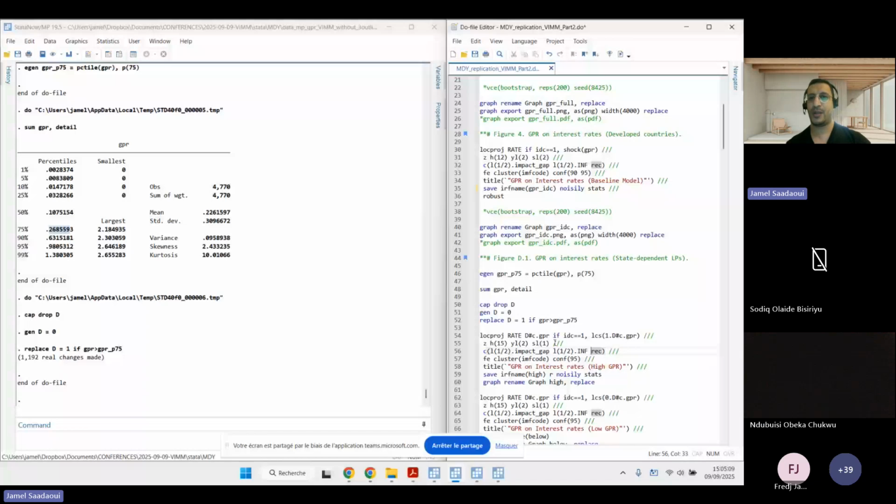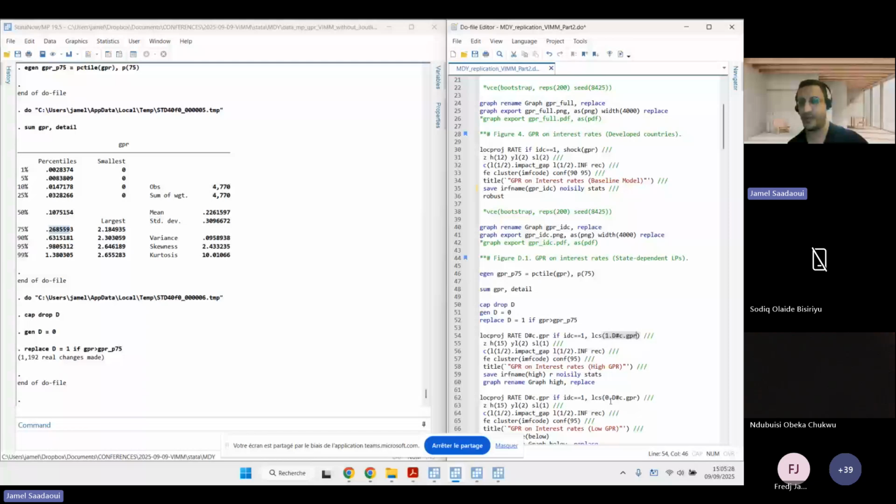So I made an interaction between the dummy and the bilateral geopolitical risk. I keep, for example, the industrialized countries. I run the LCS command. Be careful about the syntax here, because I put 1 for the shock, and if I don't want to see the shock, I put 0 here.